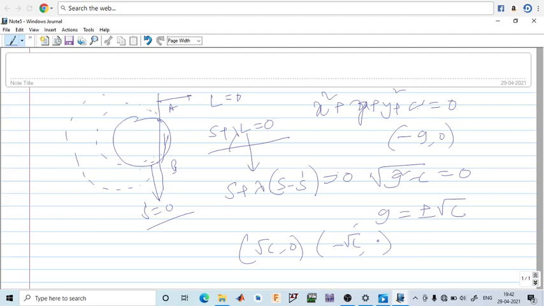Now if the value c is greater than 0, then we will say distinct centers. Because here positive, here negative. If c equals 0, same center. If c is less than 0, then imaginary centers, right?